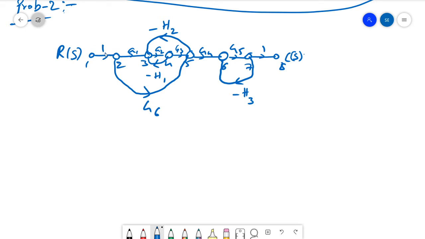We have a forward path from 1 to 8 via G1, G2, G3, G4, G5. Another forward path, if you observe here, goes 1, 2, and then G6, G4, G5. This is the other forward path. So first we'll write Mason's gain formula.